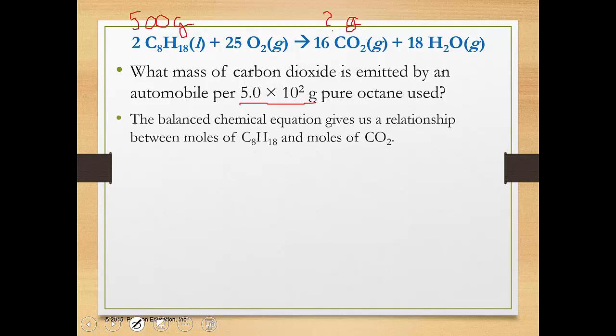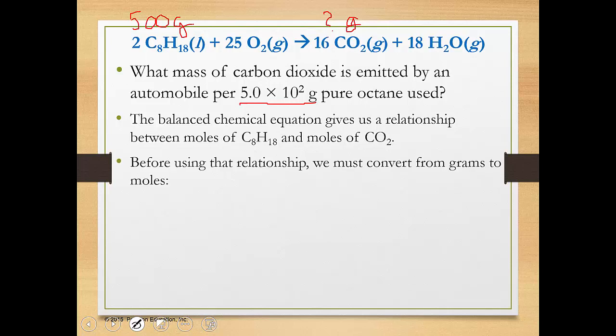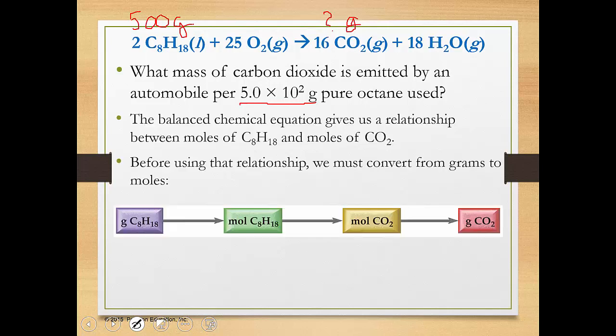All right, so we've got the balanced chemical equation. That's giving us the relationship between the moles of octane and the moles of carbon dioxide. But we don't have moles of octane, so we've got to first get from grams to moles. All right, so here's our map. We've got to start with that 500 grams.